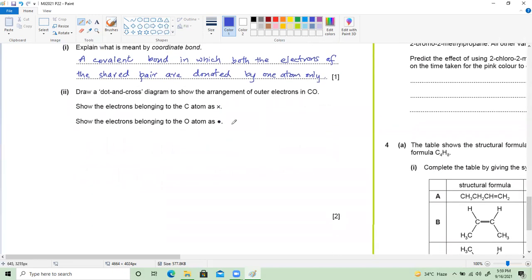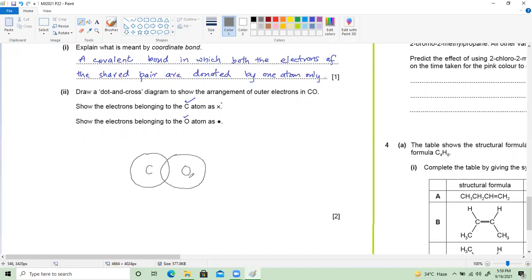Okay. Draw a dot and cross diagram to show the arrangement of outer electrons in carbon monoxide. Show the electrons belonging to carbon as crosses, and show the electrons belonging to the oxygen as dots. So first of all, we need to make these two atoms. The first one is carbon. The other atom in this molecule is the oxygen atom.